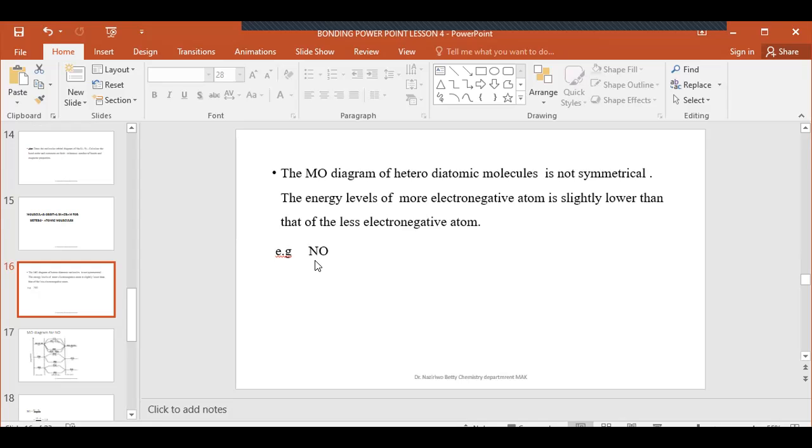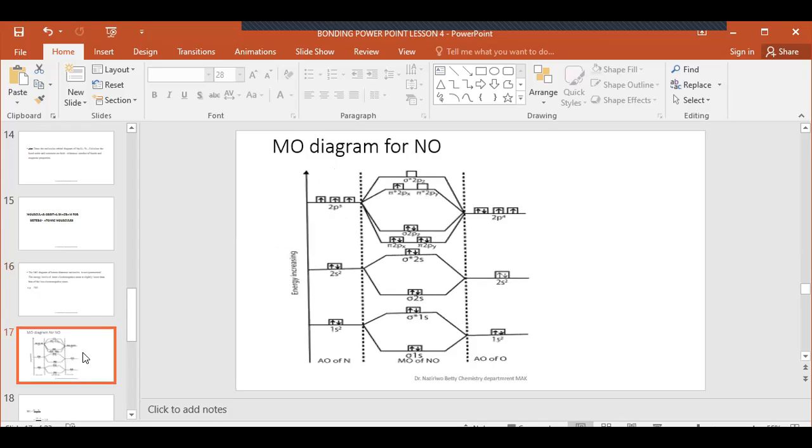So when we go to the molecular orbital energy diagram, it will show that the orbitals for oxygen are at a lower energy than nitrogen. And it looks like this. This is the atomic orbital of nitrogen and atomic orbital of oxygen. When they combine, they form the molecular orbital of nitrogen monoxide. Now, the energy level of oxygen is slightly lower.